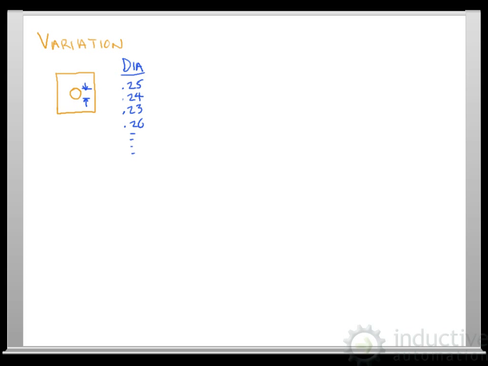Now, when we take a look at those over time, we start seeing a pattern develop. So we want 0.25, and let's say it goes 0.26, 0.27, this way 0.24, 0.23. So this is our diameter on this axis.